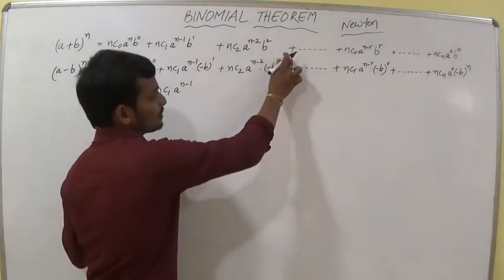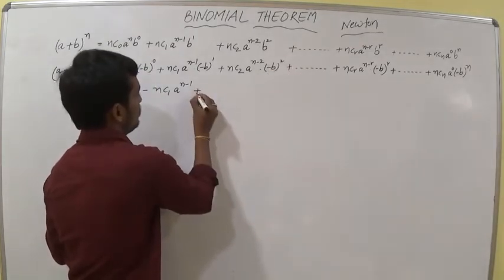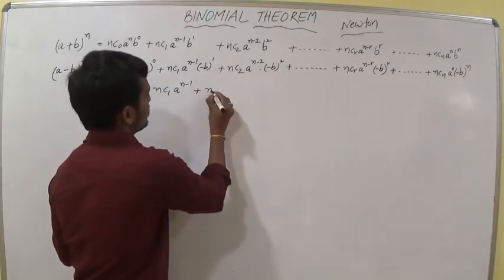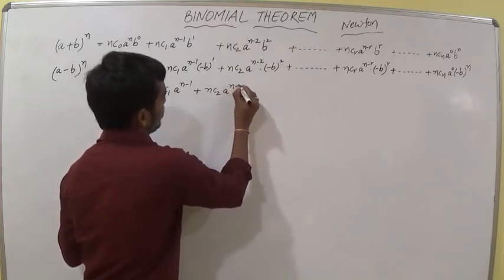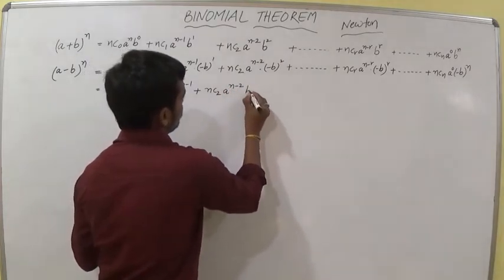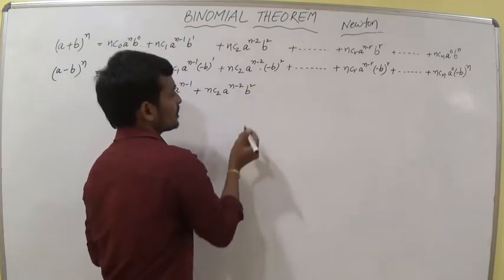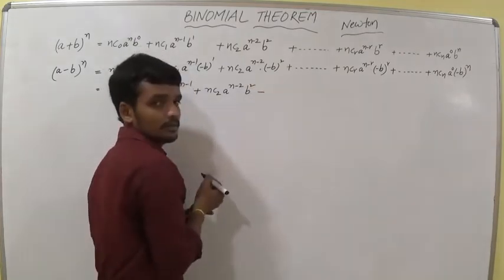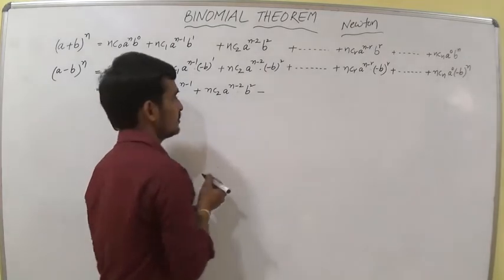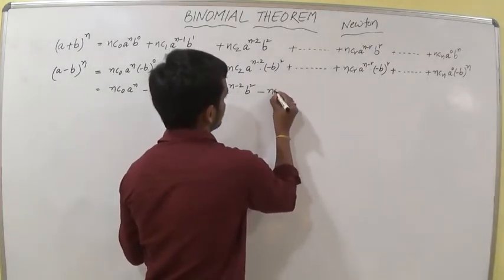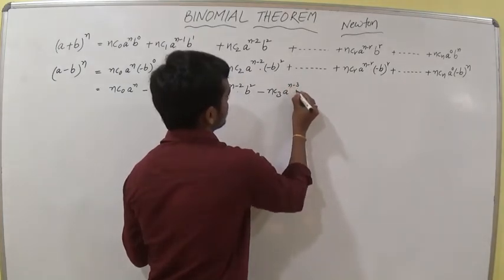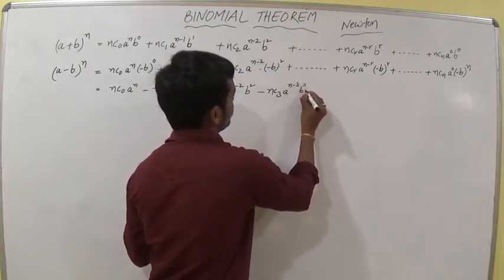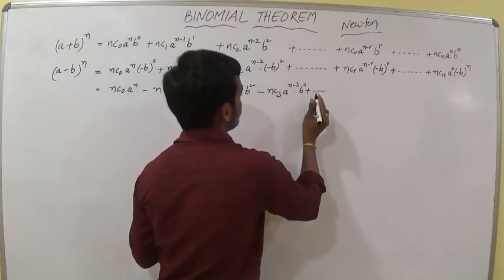Here (minus b) whole square is plus, so plus into plus is plus: nC2 a power n minus 2 b square. We can write one more term. We are getting minus. Am I right? So here minus nC3 a power n minus 3 b cube, plus and so on.